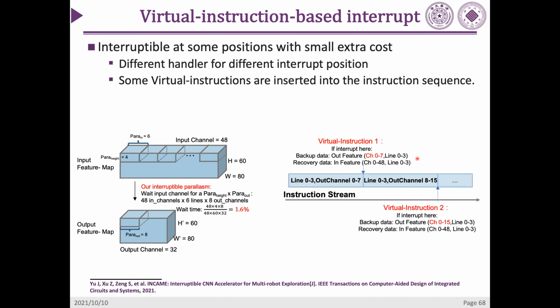I will not explain the details, but you can understand it this way: you don't need to calculate all this data, you only need to calculate this small part of the data, and the data moving cost will be very low. Simultaneously, you don't need to wait until all this data is finished.